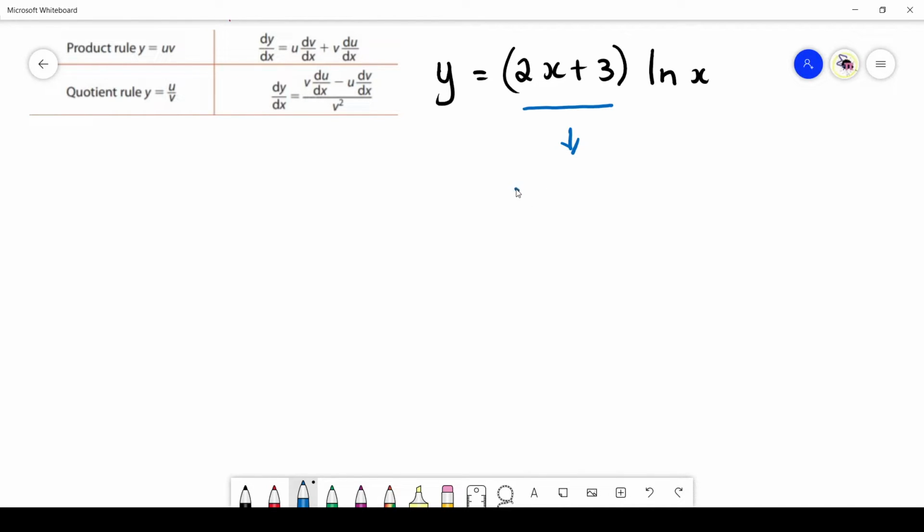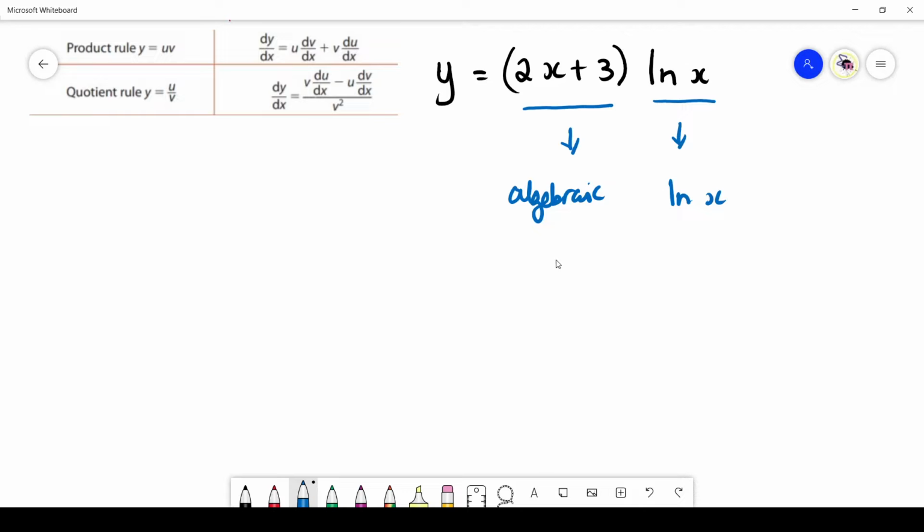This is a type of an algebraic function. Now ln of x in and of its own is also a different type of function. It's a function in terms of ln x. Over here you can clearly see that we have two completely different types of functions.